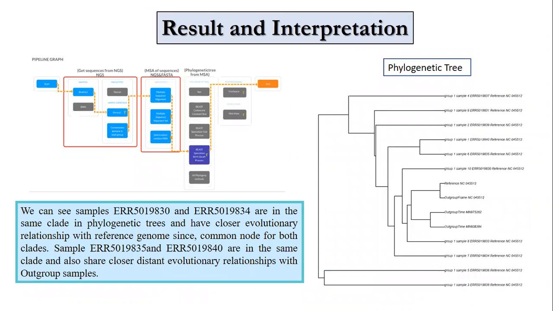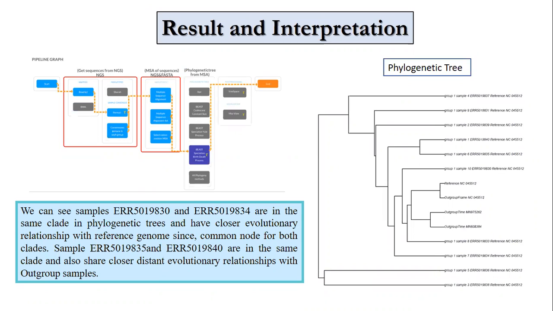The pipeline I used for my results and interpretation was with the data set which I got from NCBI for surveillance of SARS-CoV-2 variants of concern from wastewater samples, which is my project title.